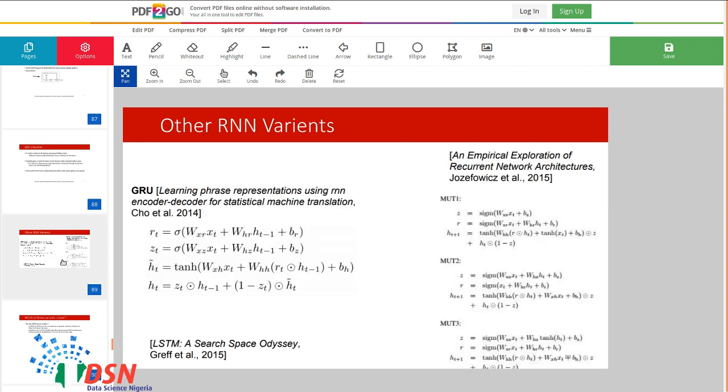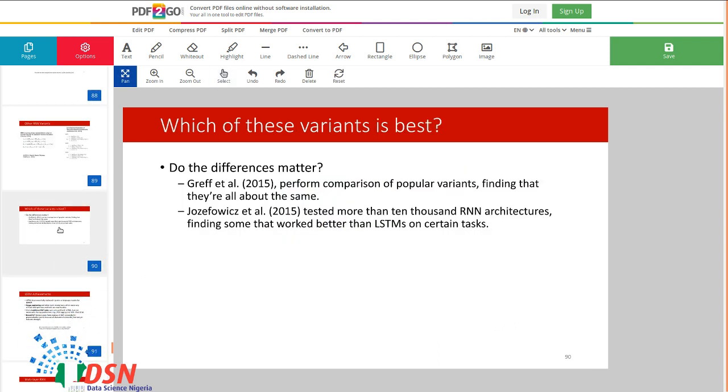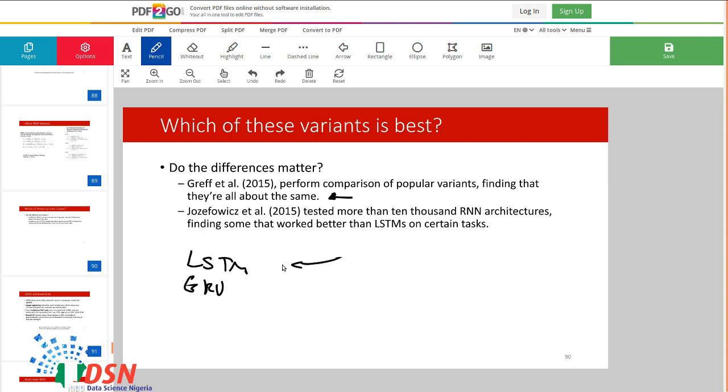There are also other RNN variants, but we don't want to talk about them, because many of them perform about the same, so we don't need to worry about LSTM or GRU, and they perform much better than vanilla RNN.